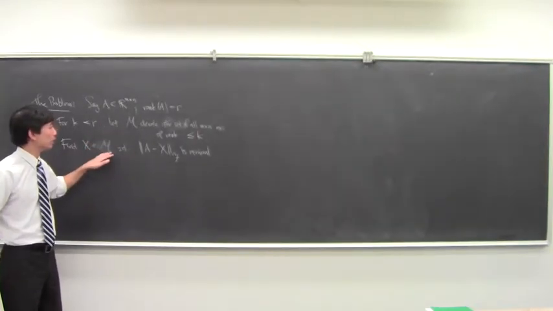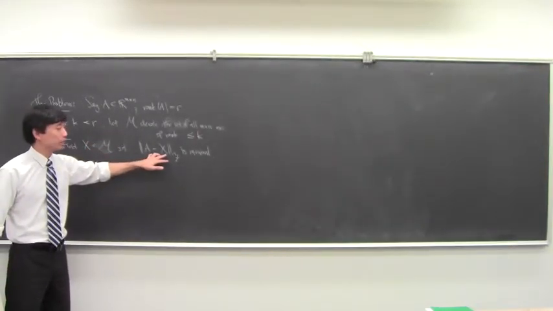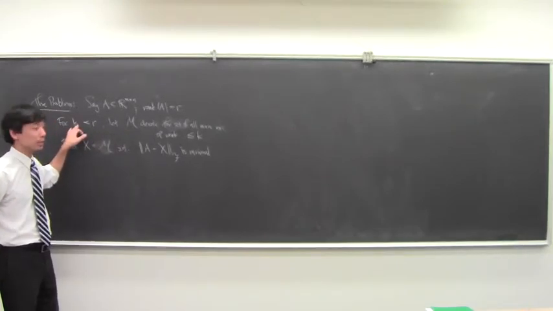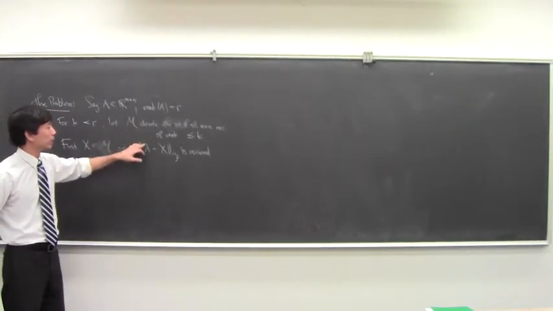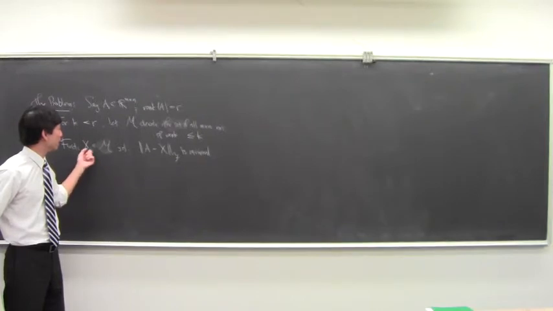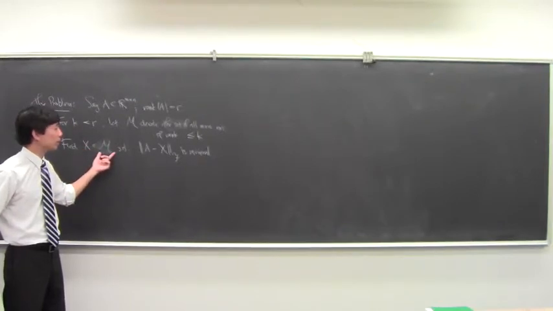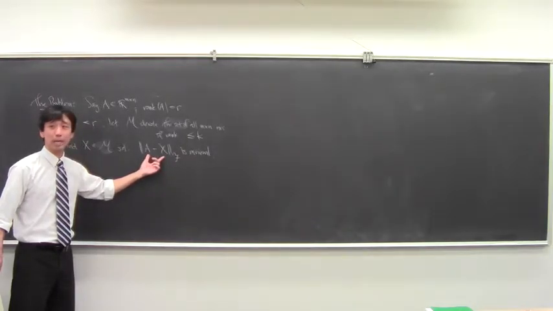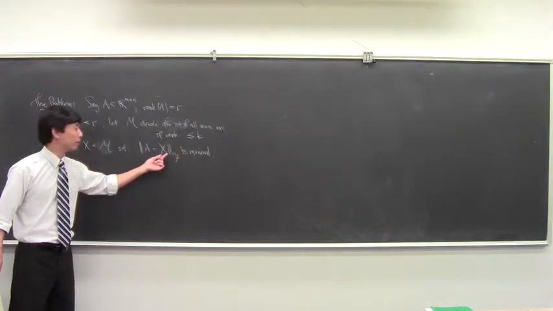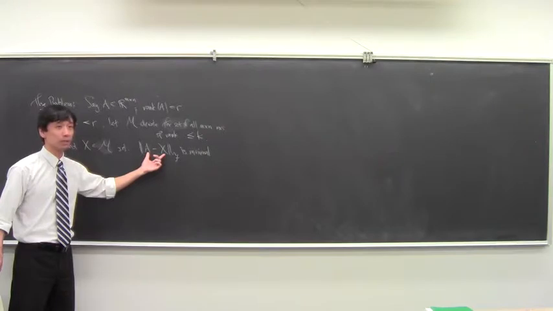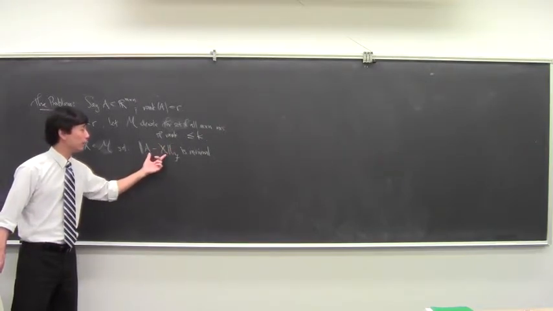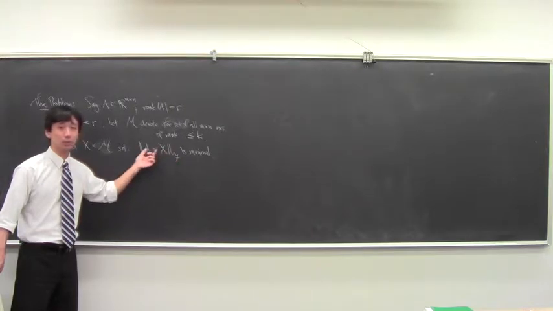So in that case, we take k to be 2, and our question would be, can we find a matrix of rank less than or equal to 2 so that it's as close as possible to A, so that the difference between these two matrices, with respect to the Frobenius norm, is as small as possible?